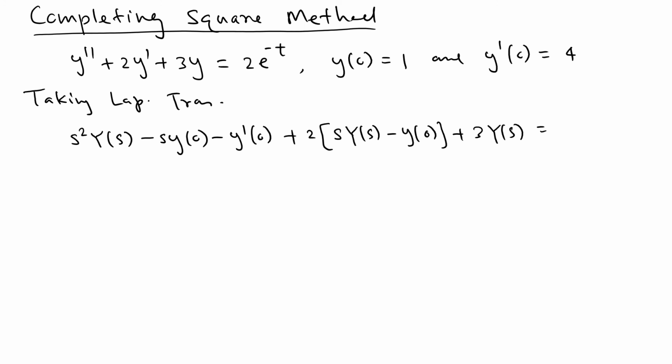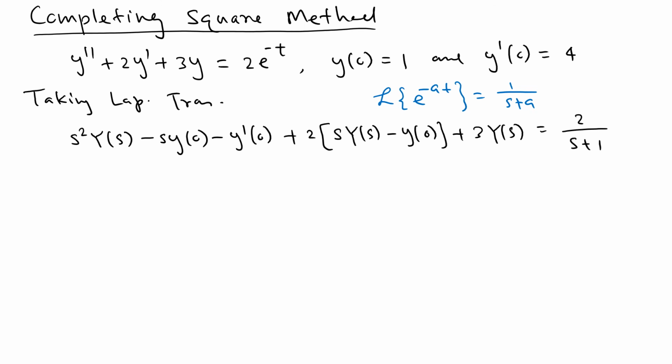And then what you want to transform is the e to the minus t function, and we remember the Laplace transform of e to the minus at is simply 1 over s plus a, so we can use that here. That means a is 1 in this case, so it is 2 over s plus 1.